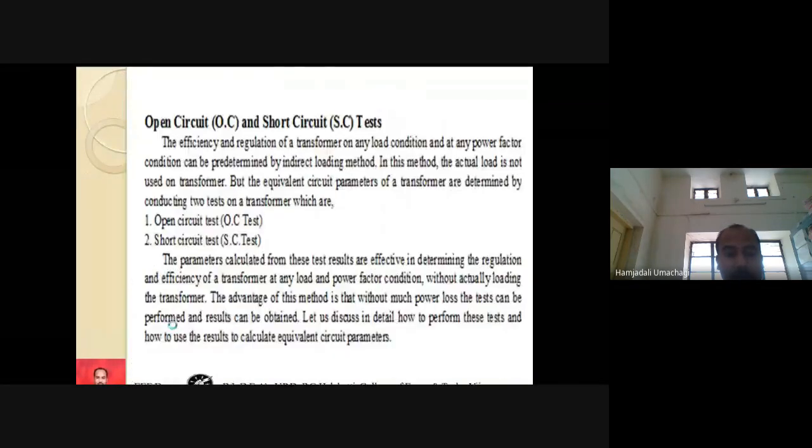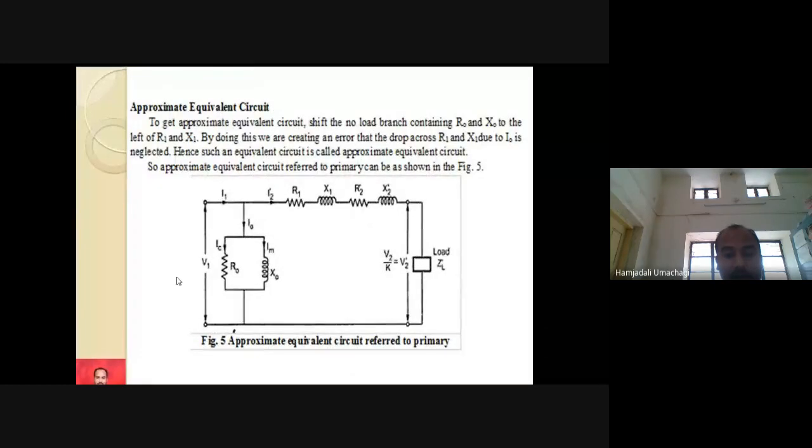Then how to get the value of R naught and X naught? If you refer back to your equivalent circuit diagram, R naught is equal to the applied voltage V1 divided by Ic. X naught is equal to V1 by Im.